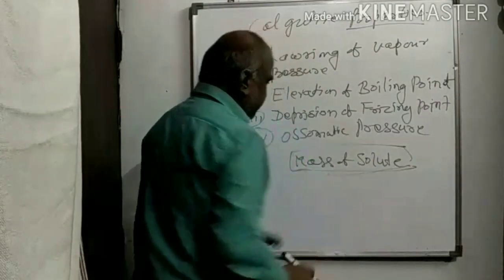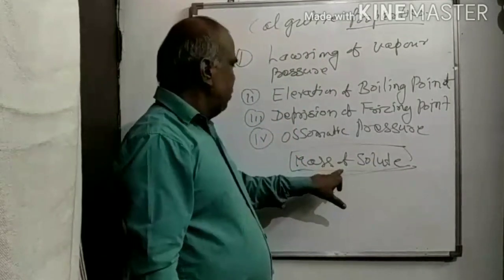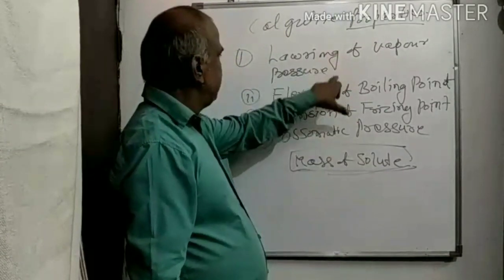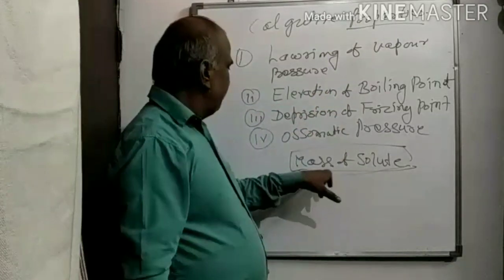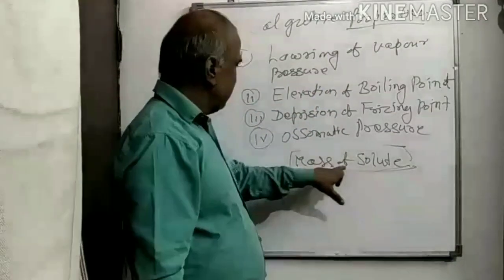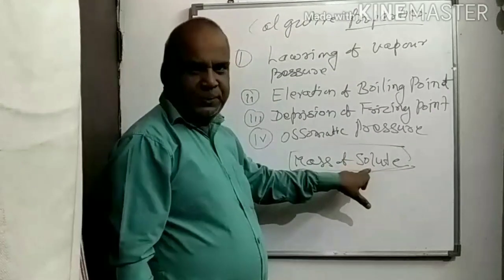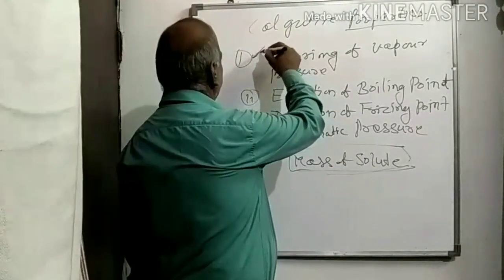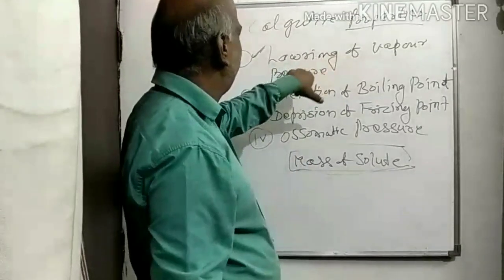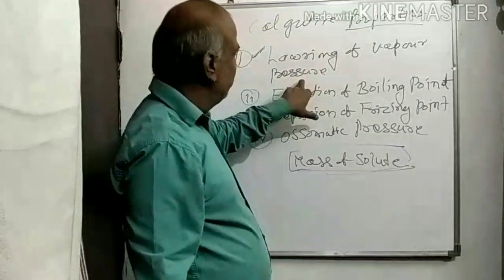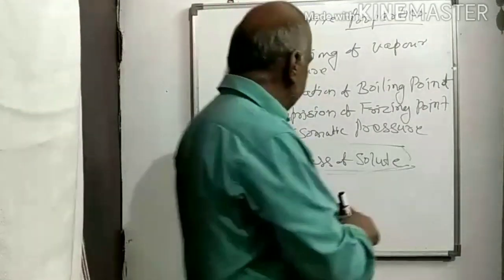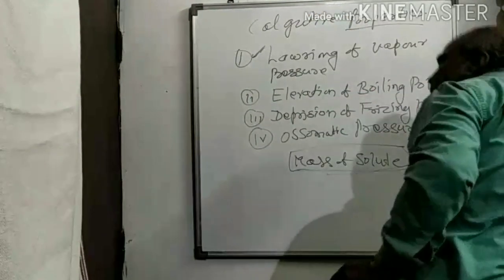It means the quantity which dissolves in the solution, the property depends on it, and these are the four properties which depend on the mass of the solute only. Okay, I had explained lowering of vapor pressure in my previous video, and I would like to explain now all these three topics.